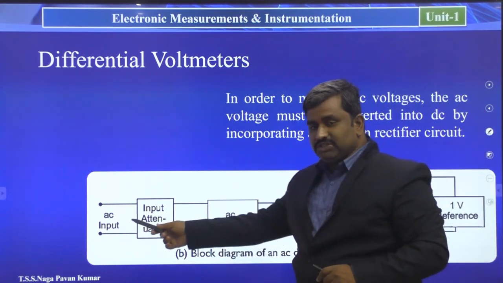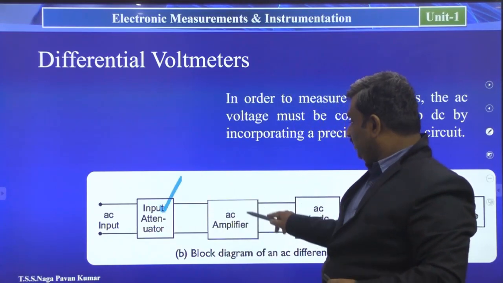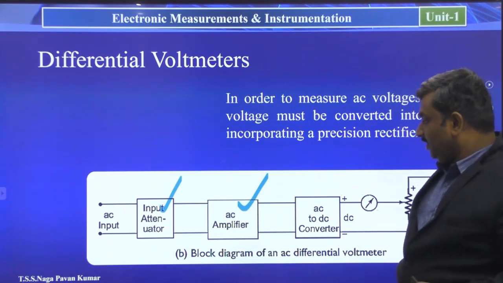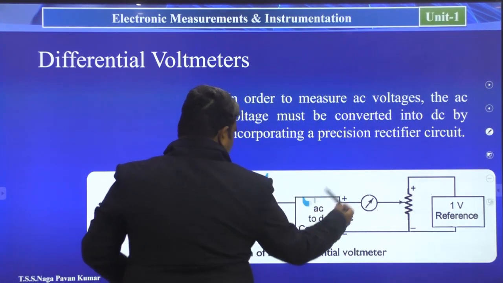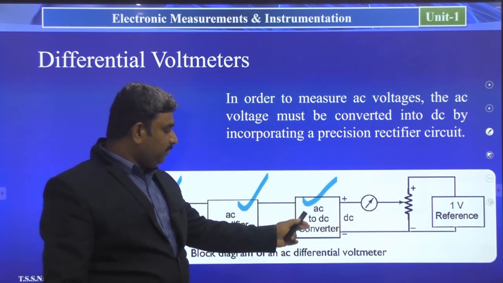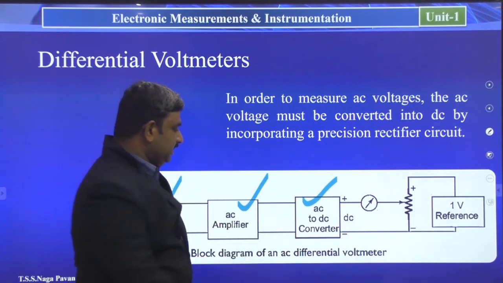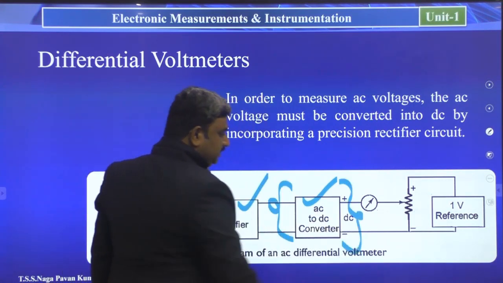First we take the AC input, then we have an input attenuator and an AC amplifier, the two common blocks nowadays. Then we have a rectifier circuit, the AC to DC converter, whose input signal is AC and output signal is DC.